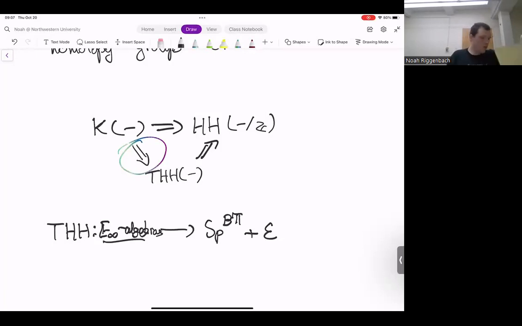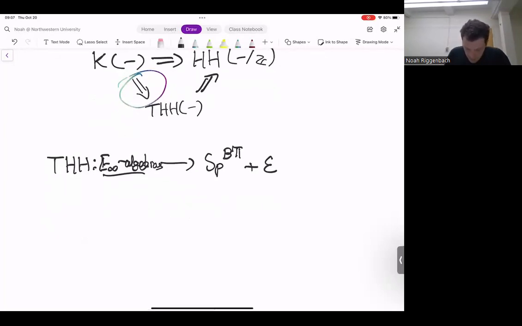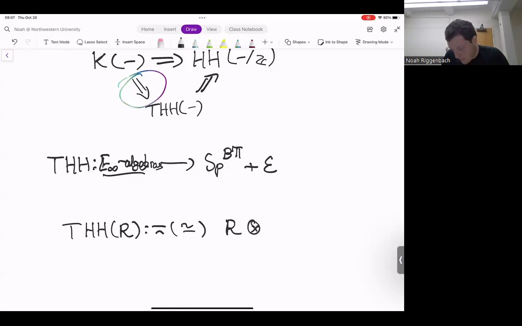So what is this object? Well, if you have a ring R, THH of R, one definition, or equivalence, depending on how you want to think about it, is that this thing is R tensored with the circle, where you take the tensor in the category of infinity ring spectra.